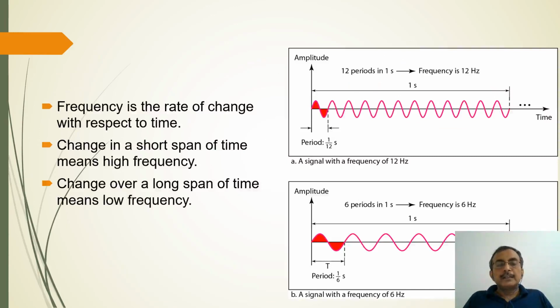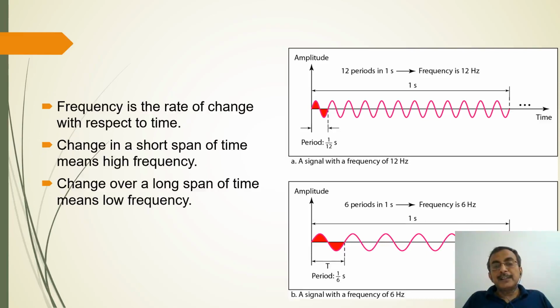Just a quick slide over here, giving the details of what a frequency is, because we will be frequently using this particular term, frequency. It is the rate of change of the signal with respect to time. So the faster the rate of change, the higher the frequency. In terms of time period, it is actually the reciprocal of the time period.